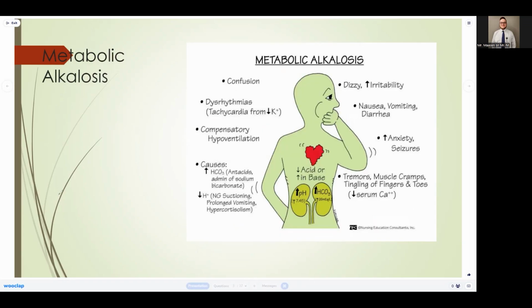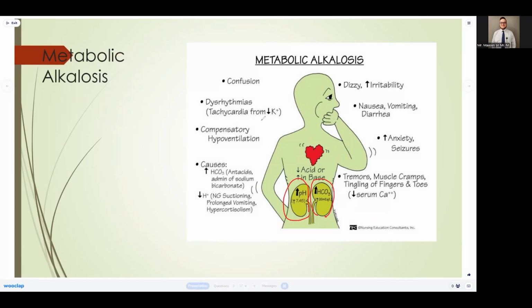So metabolic alkalosis, again, metabolic because it's not dealing with the lungs. We've got a high pH and typically a high bicarb. There may be some confusion.